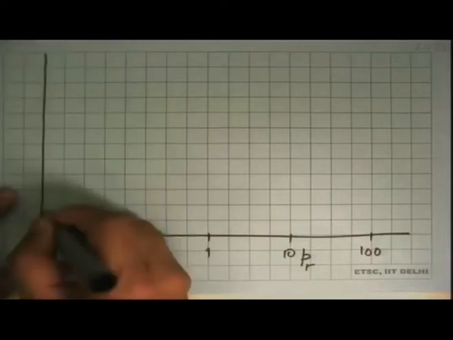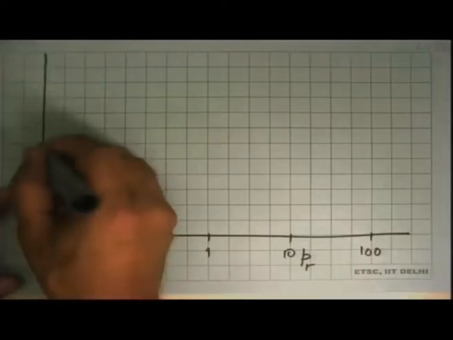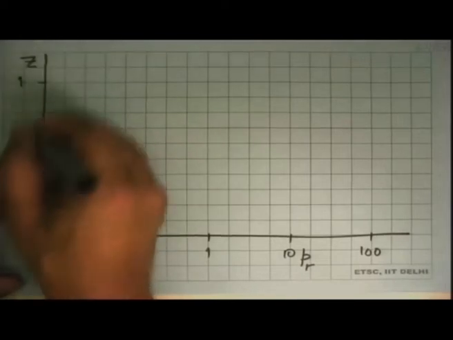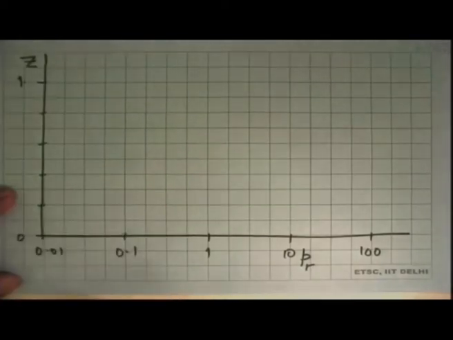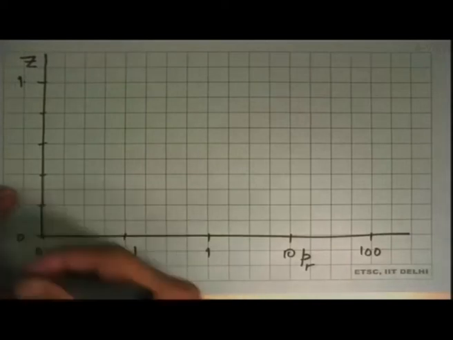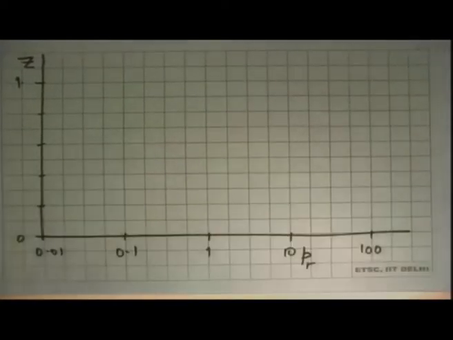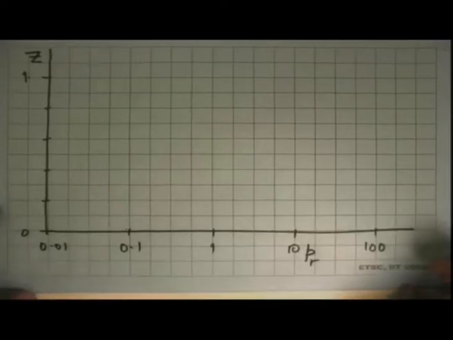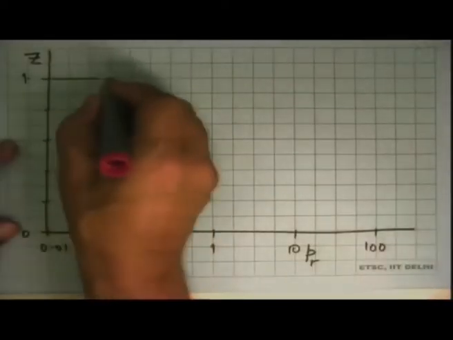We'll put Z over here, 1, 0.8, 0.7, 0.6, down to 0. And now we will draw lines of constant TR and what Z they give. So the first thing we will do is we mark something which we would like to see, Z equal to 1.